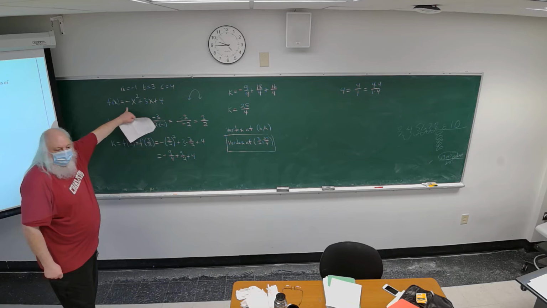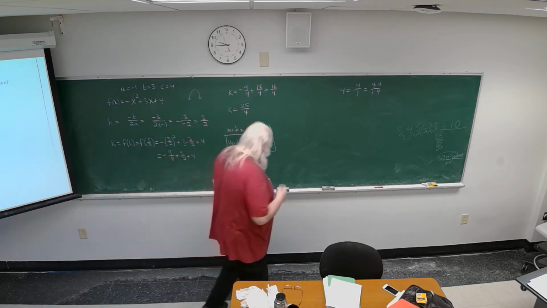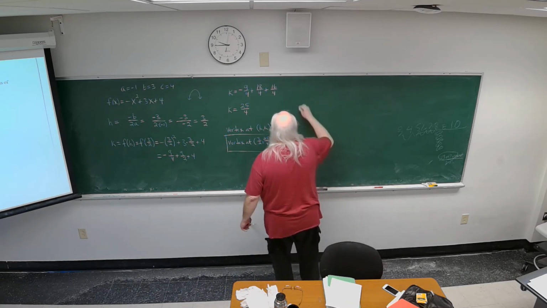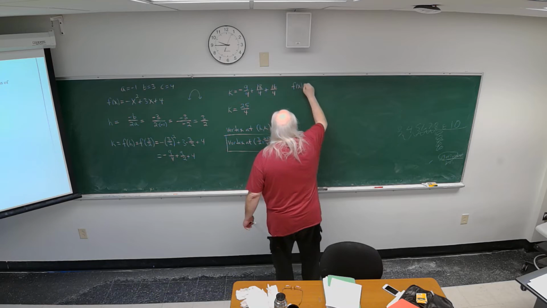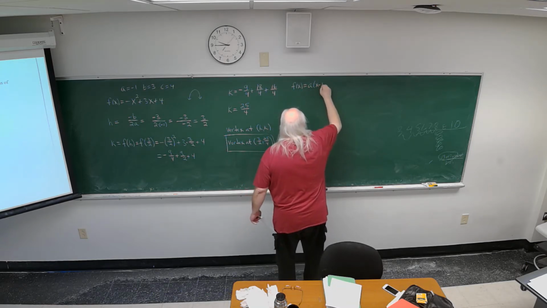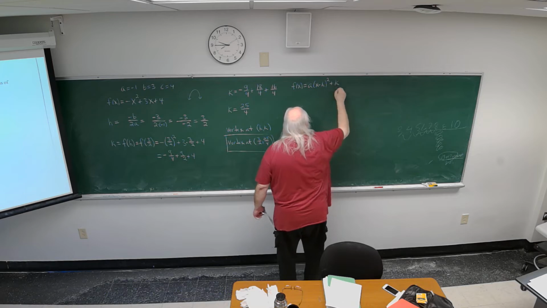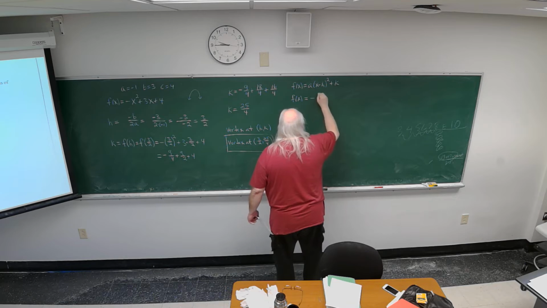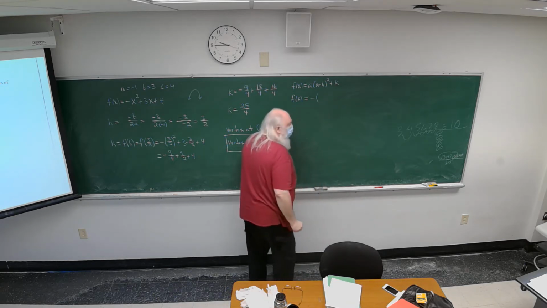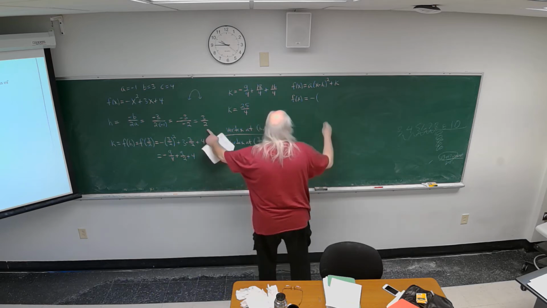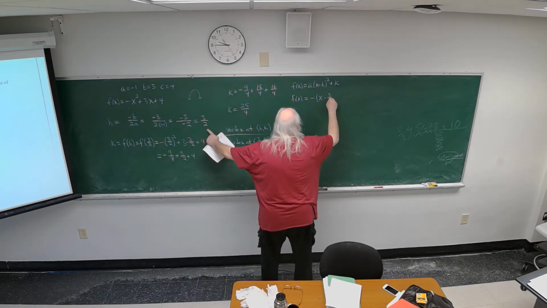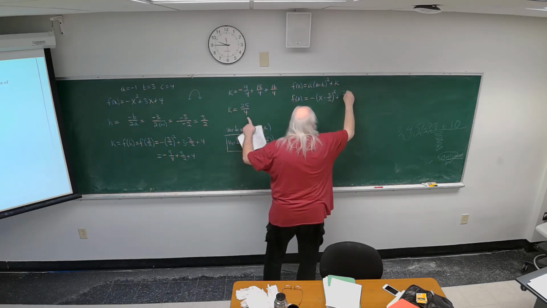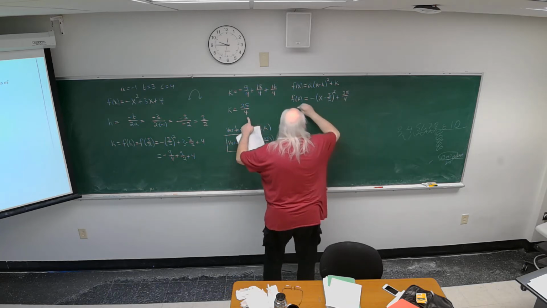Yeah, so we could write this, for kicks and giggles, in standard form now, right? f of x is equal to a times x minus h squared plus k. a is minus 1, or just minus, and then x minus h is x minus 3/2, and then plus k is plus 25 fourths.